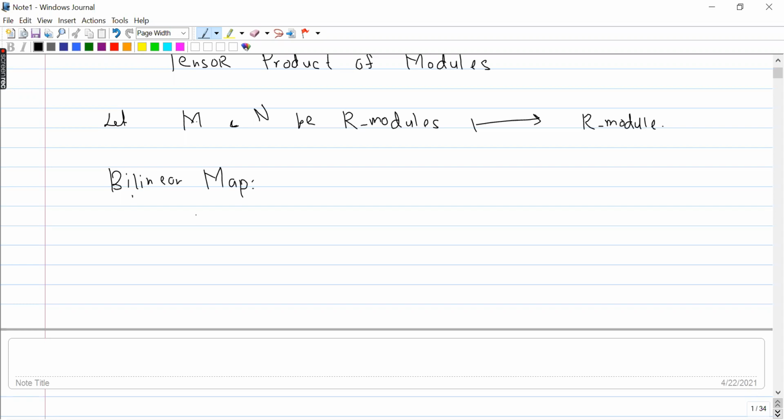We know that M cross N, which you can take as the direct sum or the direct product of modules, contains elements of the form (x, y), where x is an element of M and y is an element of N. Here we are assuming that M and N are R modules, and also let K be an R module.